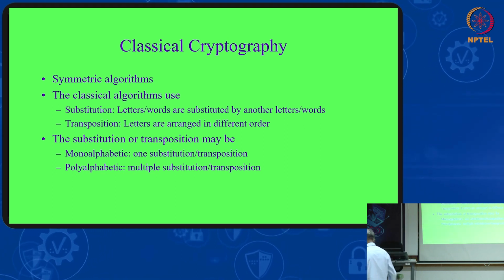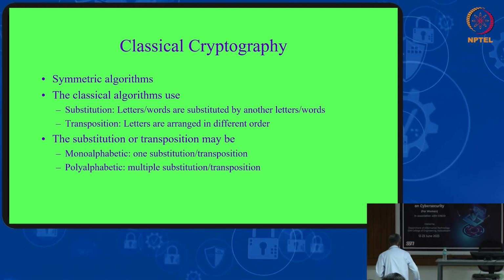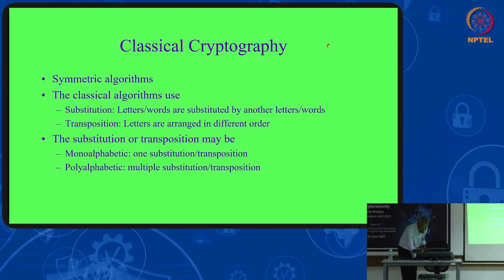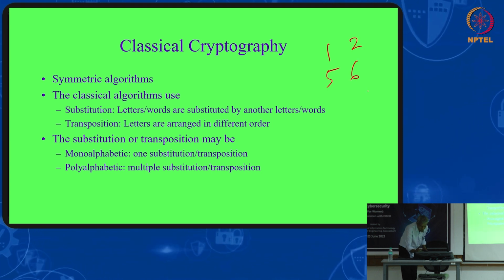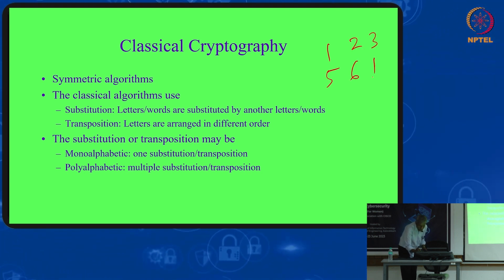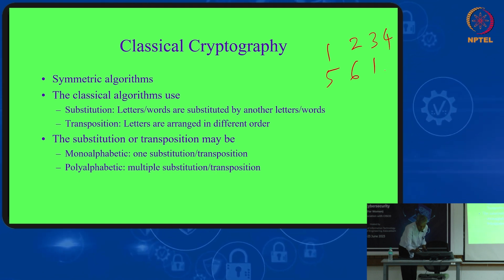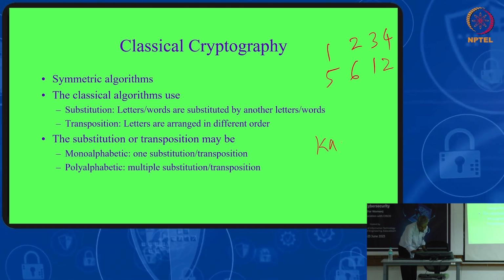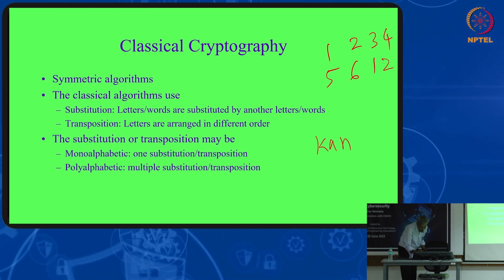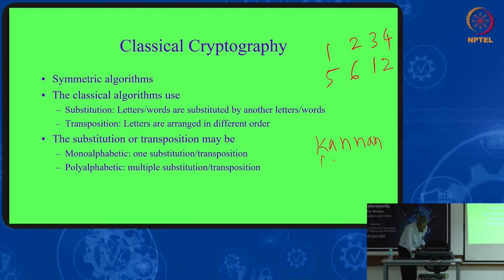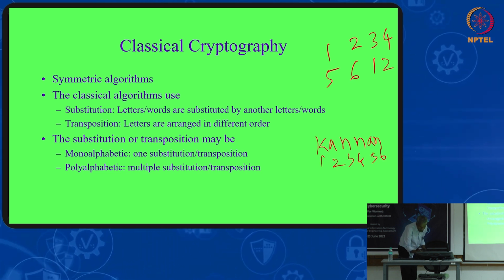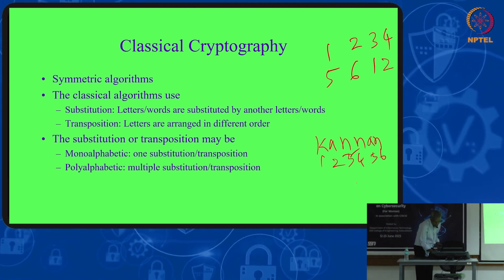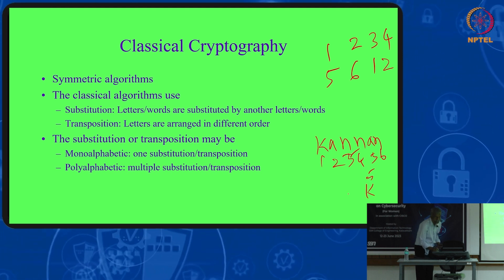If I write the permutation in this way, 1 goes to 5, 2 goes to 6, 3 goes to 1, 4 goes to 2, like that if I am having, let us say, if I write it like this, 1, 2, 3, 4, 5, 6, if I want to encrypt, 1 goes to 5, that means K will be coming to 5th place in that decryption.